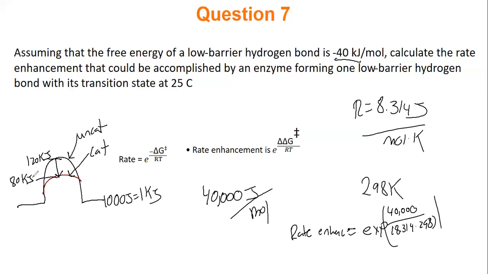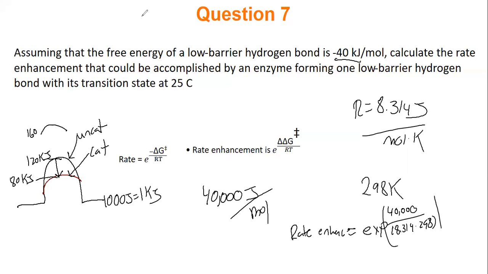When you do delta delta G and you're lowering something, you always want to put in the positive number you lowered it by. So the change was a 40,000 change rather than a negative 40,000 change. A negative 40,000 change would have meant that your enzyme actually went to 160 and it would have slowed it up.